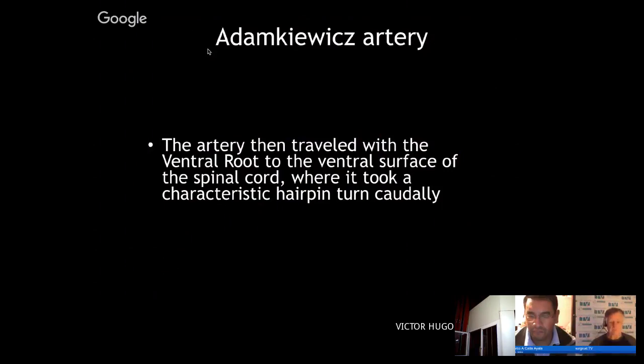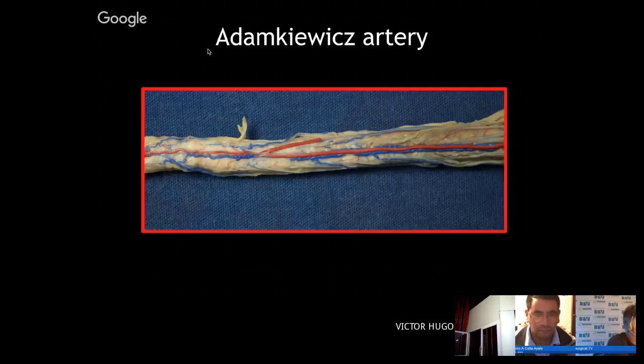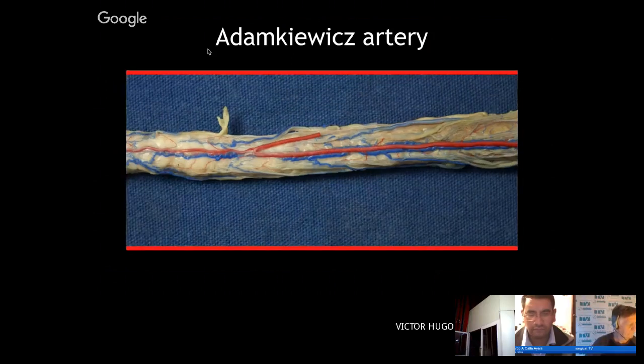The artery of Adamkiewicz travels with the ventral root to the ventral surface of the spinal cord, where it takes a characteristic hairpin turn caudally. This is a picture of this Adamkiewicz artery.